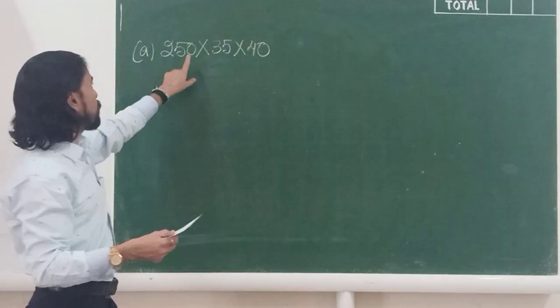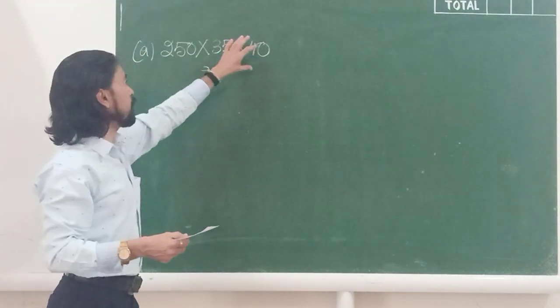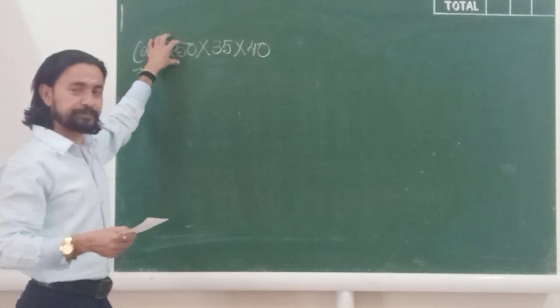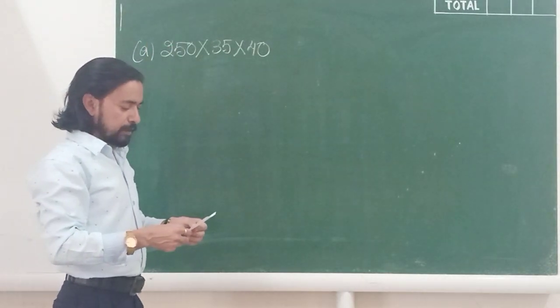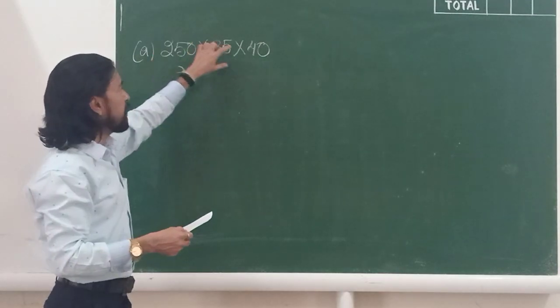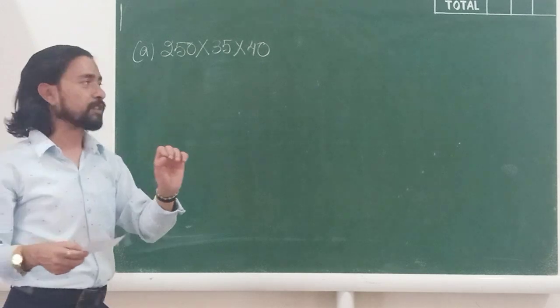And again I have to add one more zero to become 10,000. So whether you take 40 into 25 or you can take 250 into 4, the answer will still be 1000.